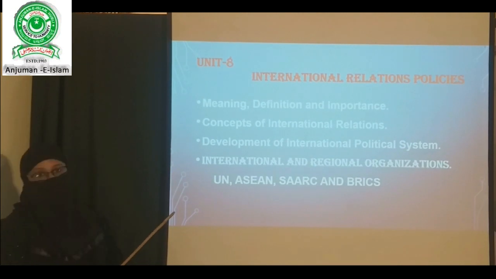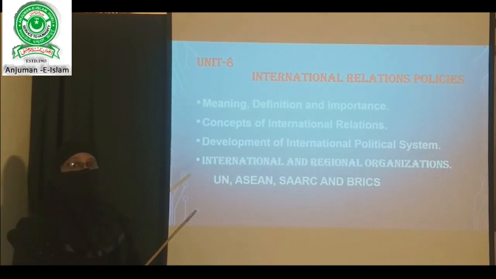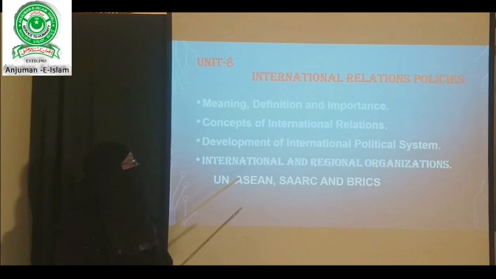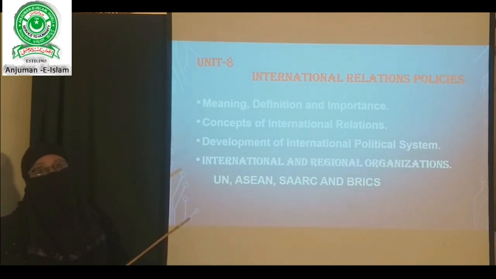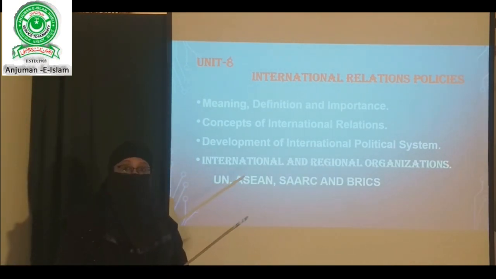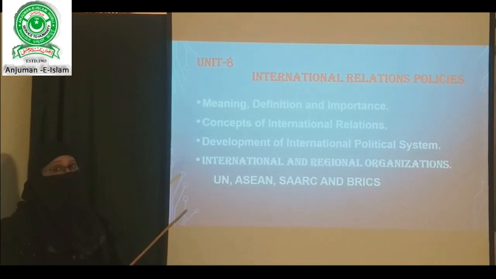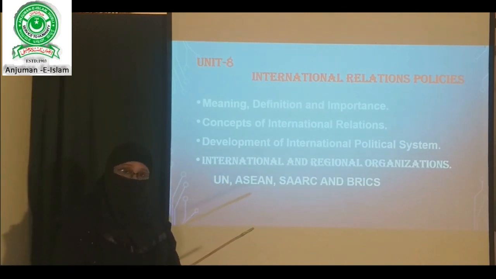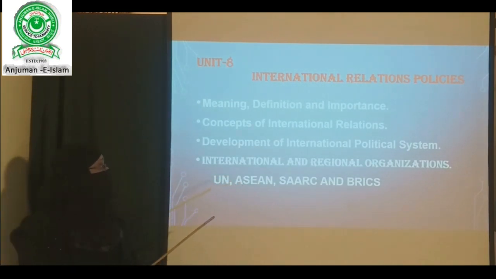To understand the politics on the world stage, we have to understand international relations and policies. Not just that, we will come to know where India stands in world politics and why India has to build good international relations.